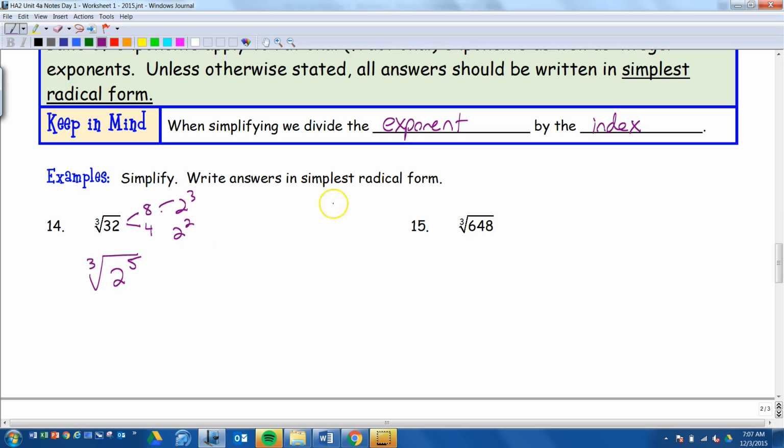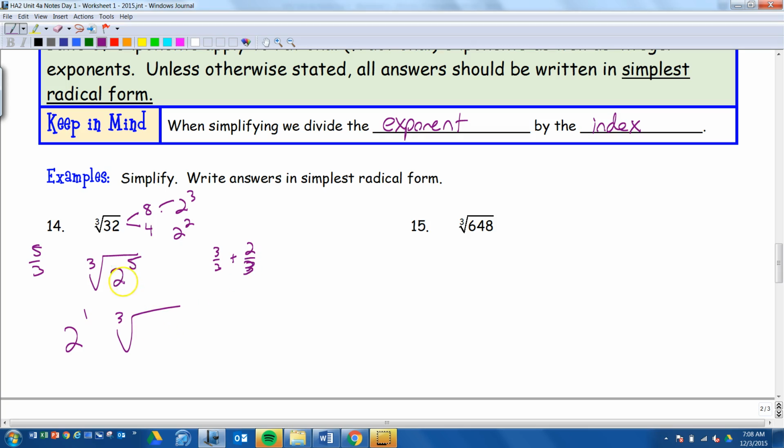Okay, so what I was saying here, when we simplify, divide the exponent by the index. So 5/3, is that bigger than 1? Yes. Is it bigger than 2? No. So that means that we are definitely using 3 of them to pull a 2 out. And how many did we not use? We used 3/3, and the other 2/3 are left.